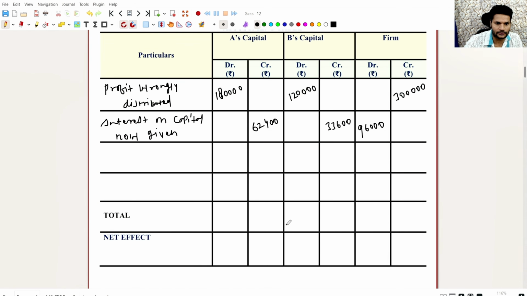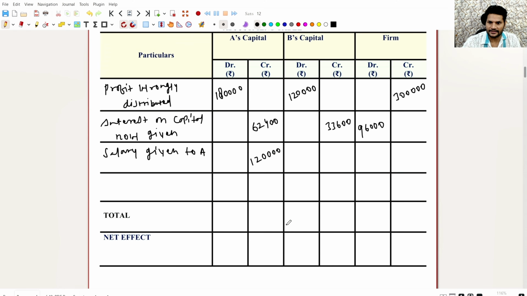So let's put salary given to A, and that will be 120,000. Now, since you are allowing the salary, partner's capital account will be credited and the same will be debited to firm account. Remember, you are only providing the salary to A, not to B as well, right? So you need to put the salary into the A column, that is 120,000.